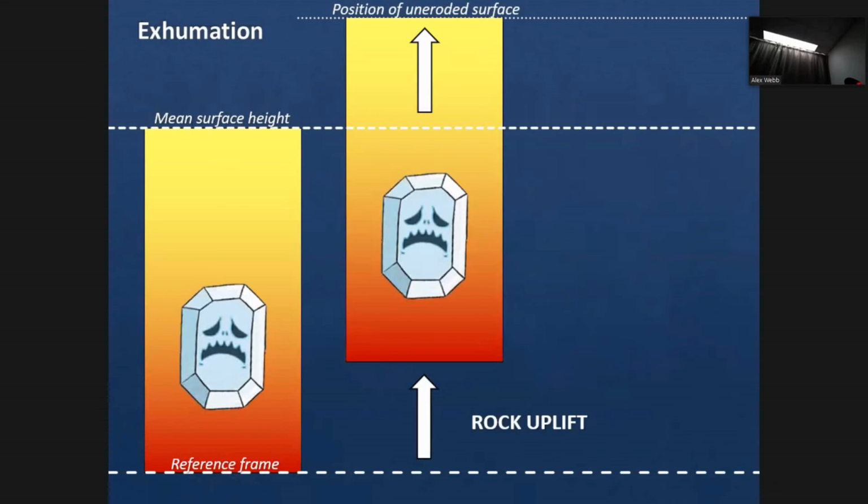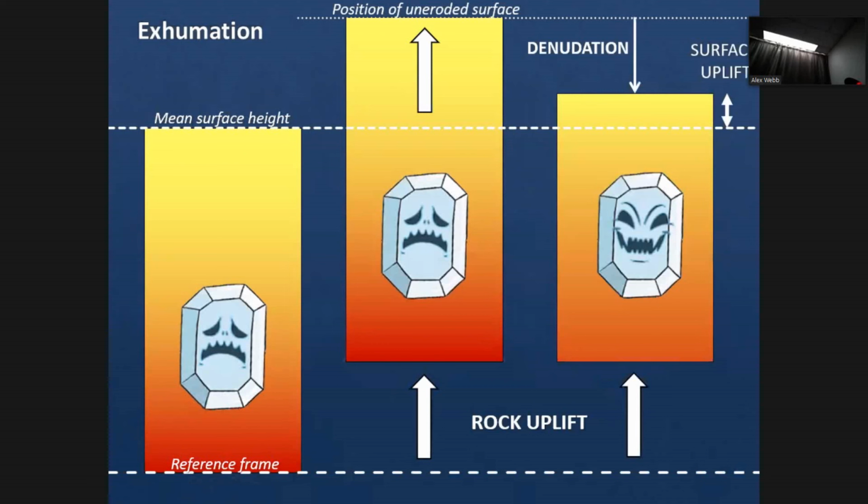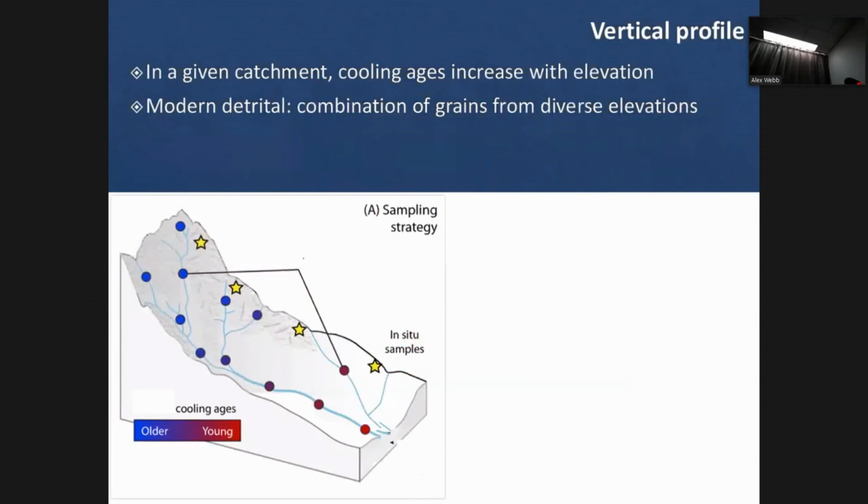If you do only uplift, your apatite will still be at 110 degrees. So to do exhumation, you need denudation. Usually erosion is a big factor for that, because if you want to get your system cooler, you need to remove rock on top and decrease the geotherm where the rock is. So it's very important.